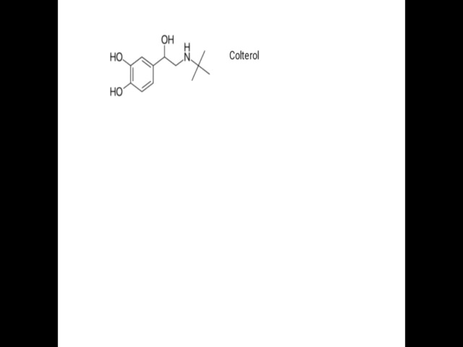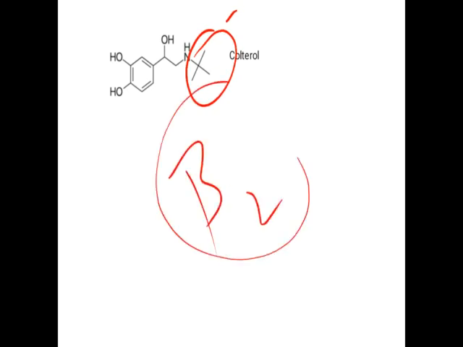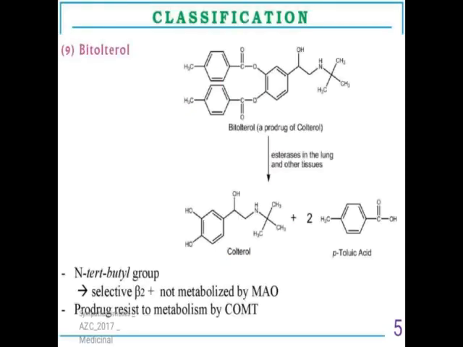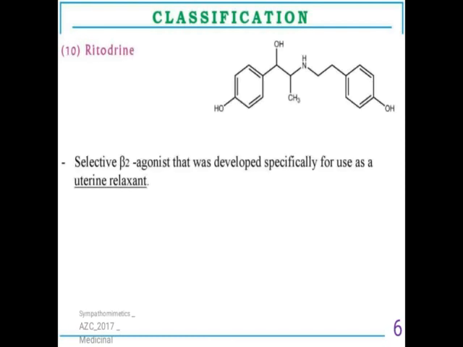This is the structure of colterol. This is tertiary butyl, so they become beta 2 selective agents, and there is no substitution on these alpha carbons. With such modifications in the structure, the drug becomes more selective towards the beta 2 receptor. Then bitolterol, this is the structure of bitolterol.